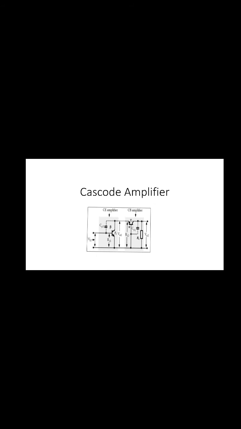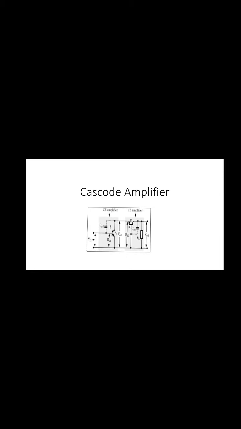In this, C mu1 and C mu2 are the capacitive effects between the common emitter and common base for a higher frequency. So in this case, the common emitter amplifier drives the common base amplifier.